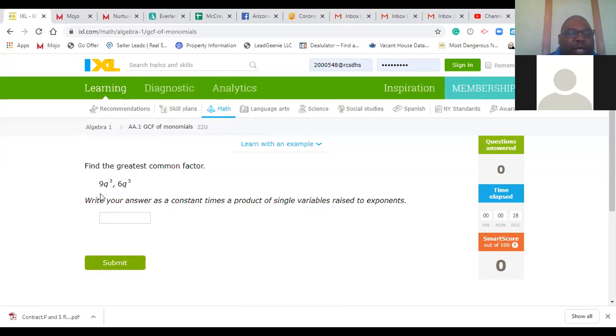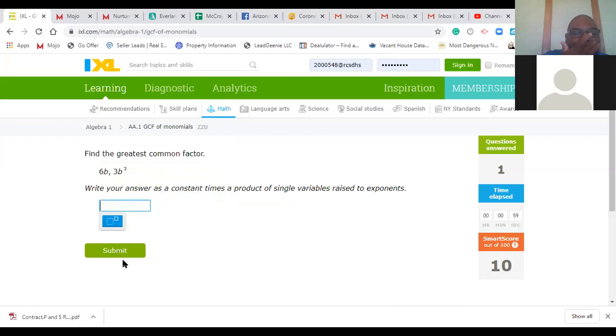So I would say my greatest common factor would be 3Q, and then here's my Q. I'm gonna, excuse me, that's not what I wanted to do. 3Q, and then I'm gonna put Q to the third. And all that other stuff, I probably should erase. And I'm gonna hit submit.